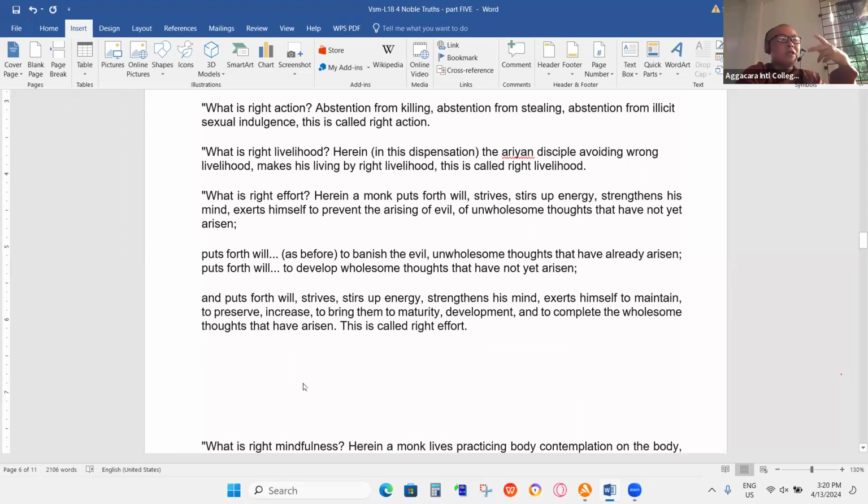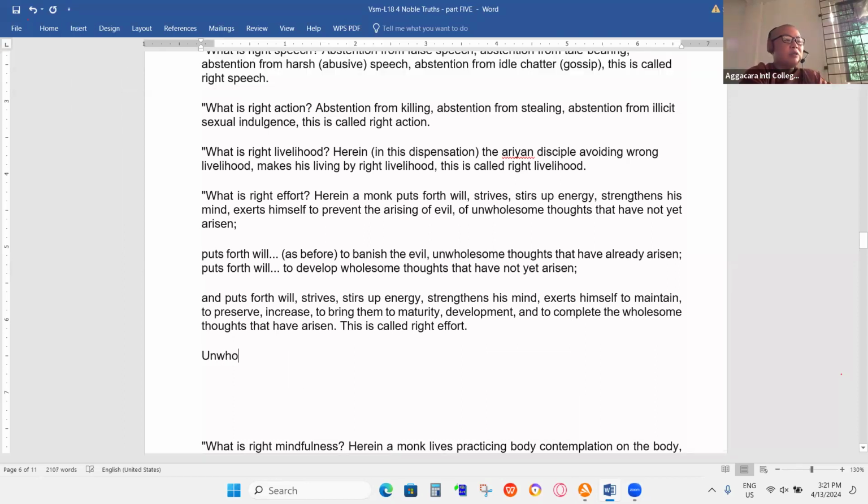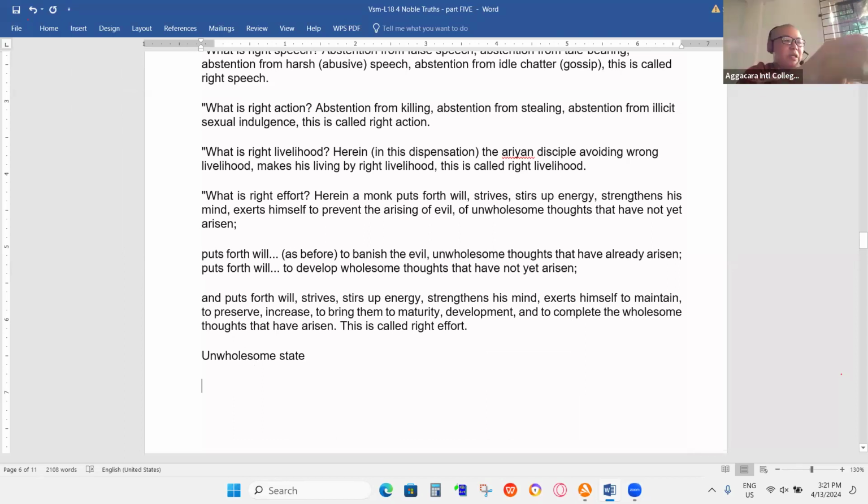So basically, thoughts: we have wholesome in 2 ways, right? Unwholesome, yes, also 2 ways. So basically, what is right effort? For everybody to remember, we start with unwholesome. Every time, if you look at the Tipitaka, the Buddha always starts from the negative side, unwholesome, before talking about the wholesome.